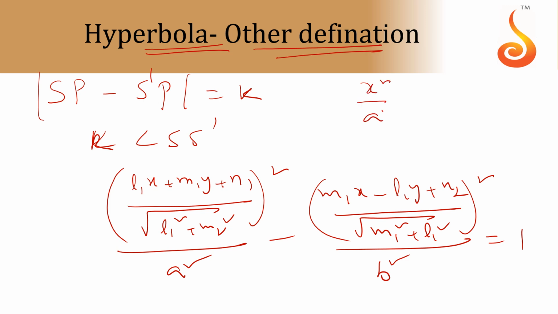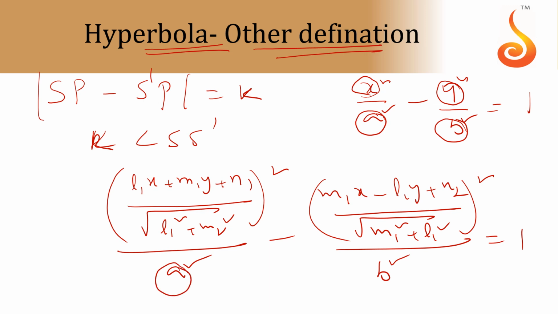The logic is like this: x square by a square minus y square by b square equals 1. Just like an ellipse, same thing. If A is the semi-transverse axis length, then this y equal to 0 must be the transverse axis. This is semi-conjugate, x equal to 0, conjugate axis equation. Similarly, if A is semi-transverse, then its opposite will be the transverse axis equation.